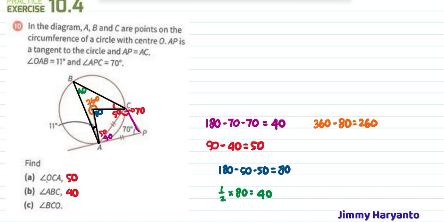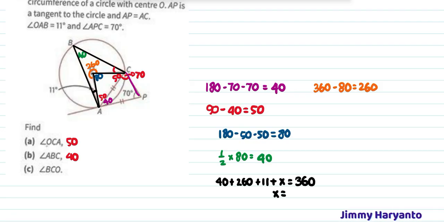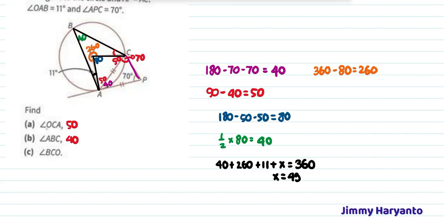That means to find that one, you only have to add them all together. So 40 plus 260 plus 11 plus x equals 360 degrees. So x will be 49 degrees. So BCO equals 49 degrees.